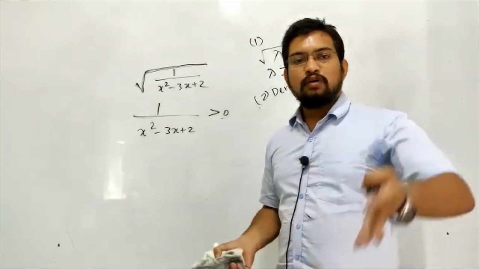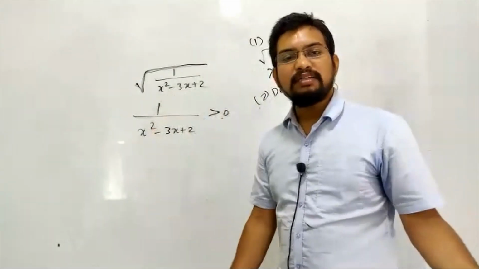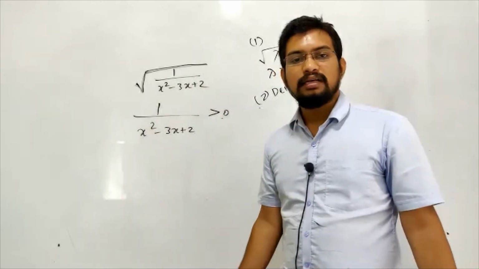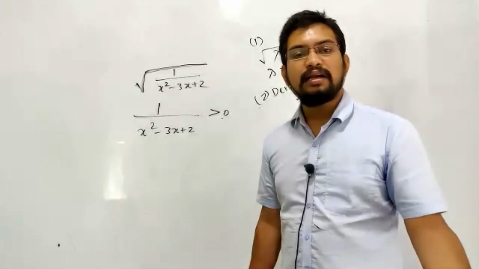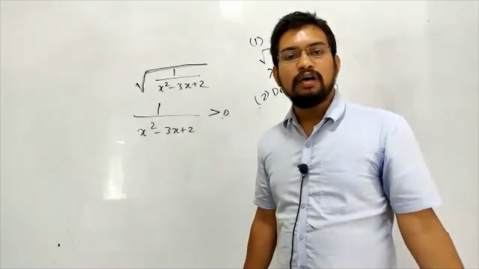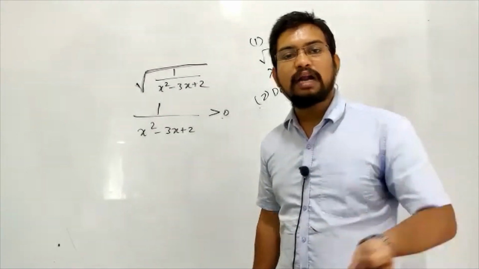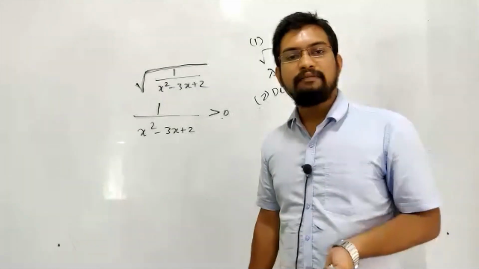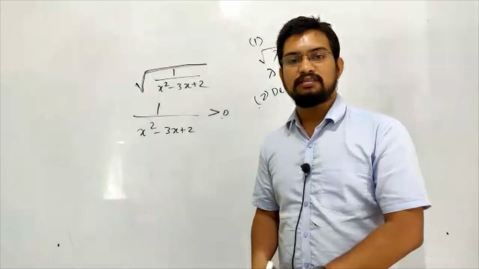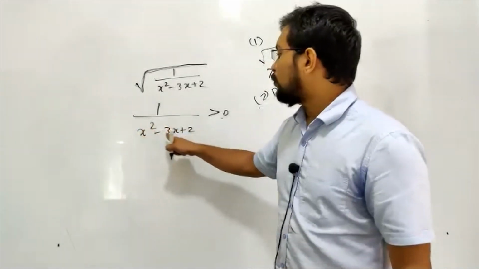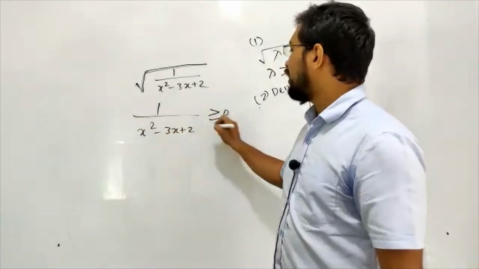Suppose the denominator is 0: some finite number divided by 0 becomes a meaningless, undefined statement. It will not give you any real value, so that will not be treated as part of the domain of the function. So you will be getting 1 by x square minus 3x plus 2 greater than or equal to 0.